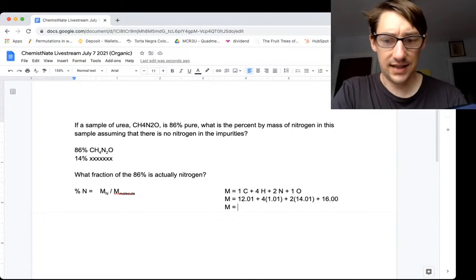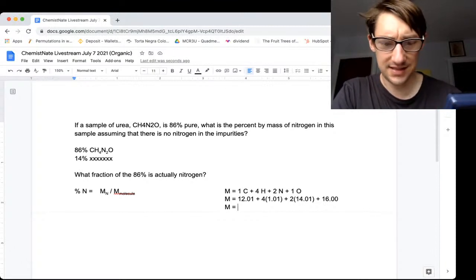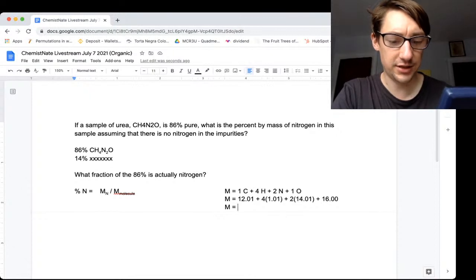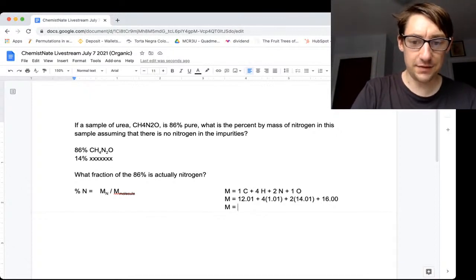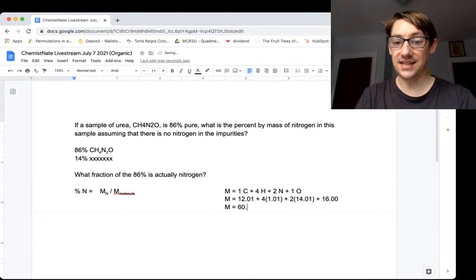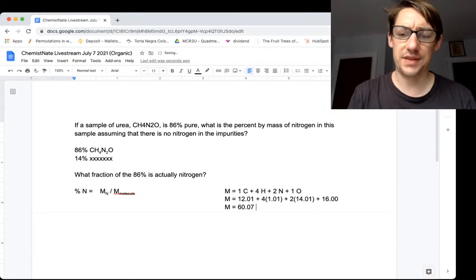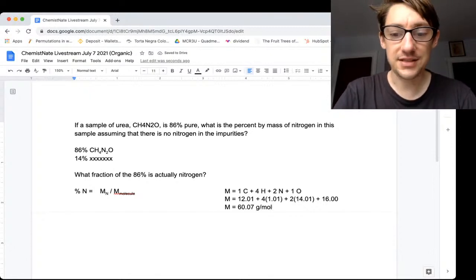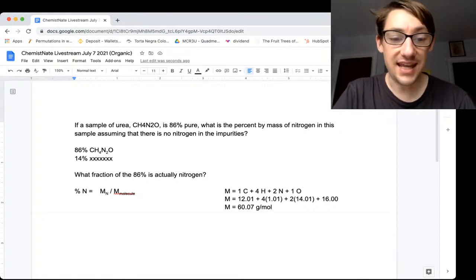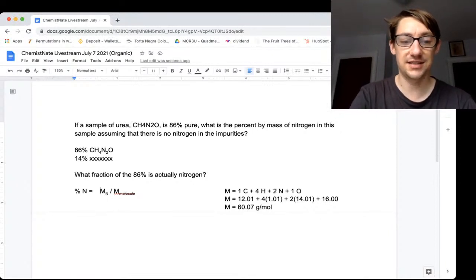12.01 and 4 1.01s and 2 14.01s and a 16. The molar mass of urea is 60.07. Most teachers will put that in a unit called grams per mole, but you're allowed to put it in AMU as well. That's atomic mass units.